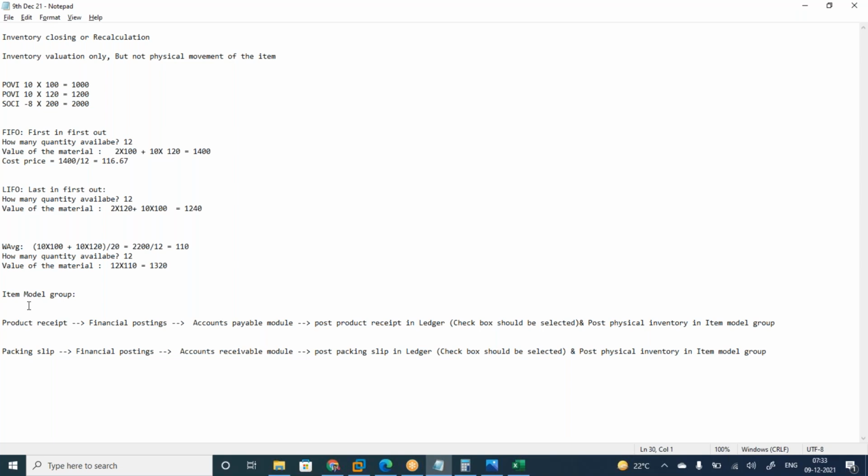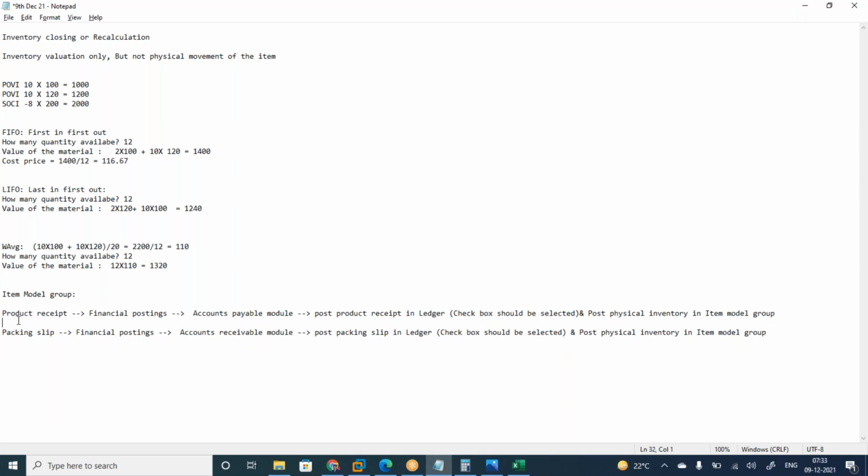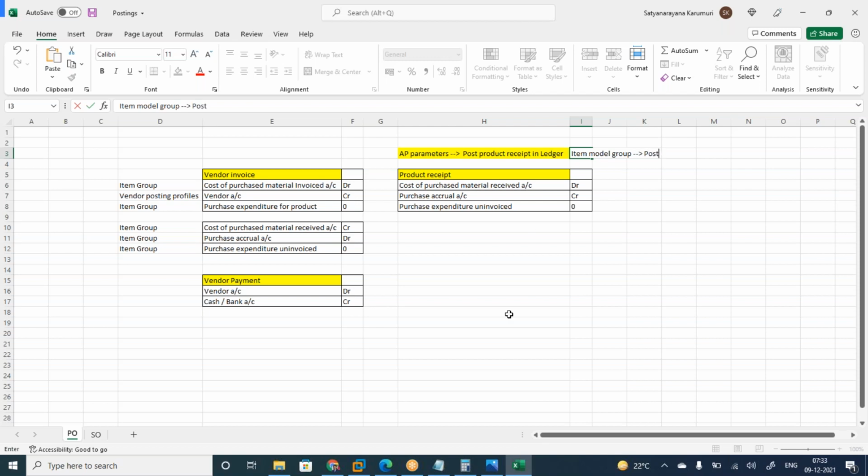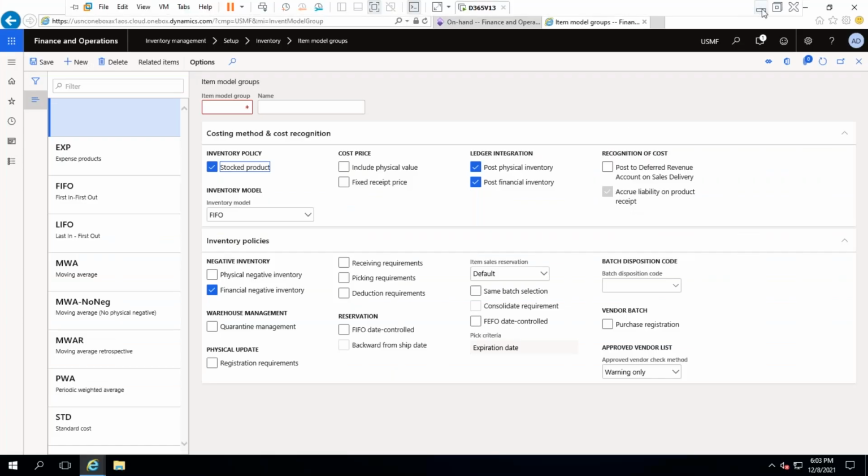Understood now? Any confusion here? If you want temporary postings at the time of product receipt, cost of material received account debit to purchase approval account credit, last week only we learned. If you want these postings, you need to enable this checkbox and, in the item model group, post packing slip, post physical inventory.